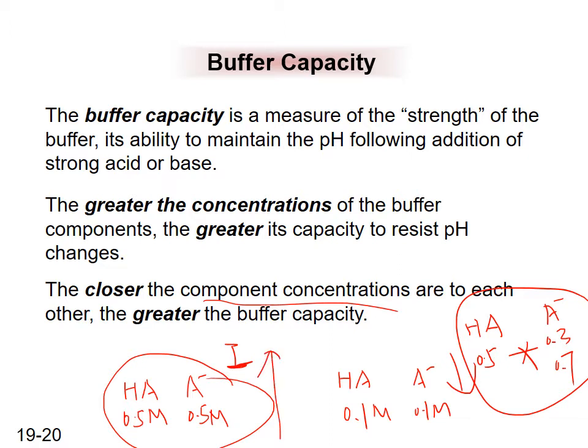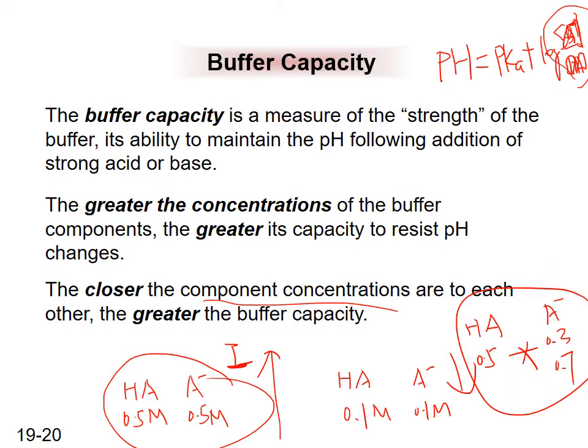This is because, if you remember, the pH value is calculated by pKa plus log base divided by acid, HA, or anion. So it's the ratio of the base divided by acid.